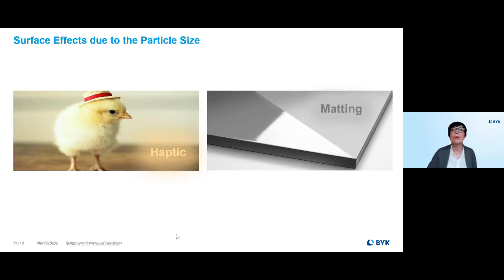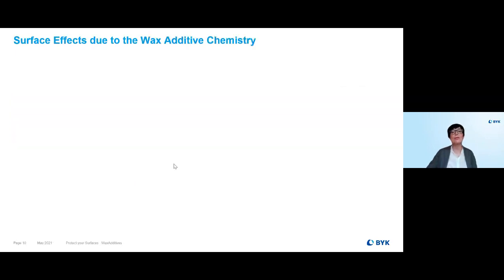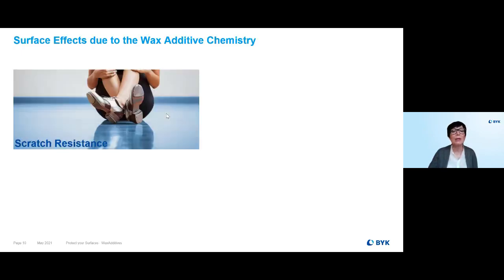If we look at the chemistry of the wax, what are the surface effects you can achieve with the different wax bases I have shown you before? In order to get scratch resistance, you of course have to work with harder waxes.